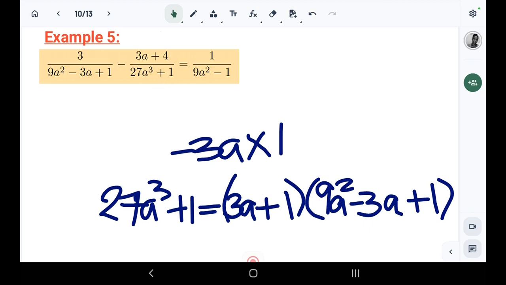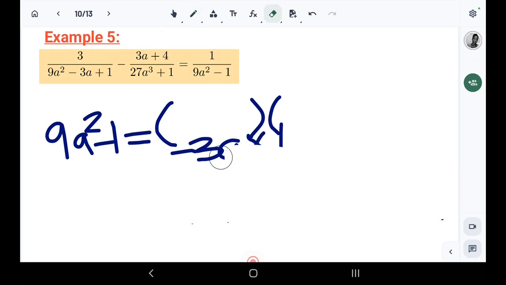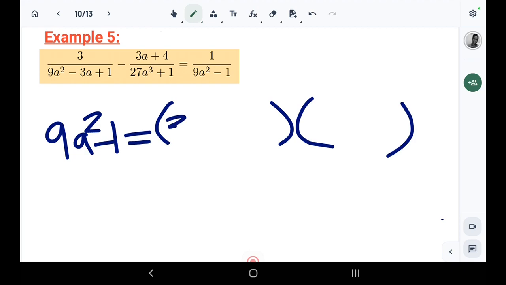So we've got the sum of two cubes factorized, and over here we've got the difference of two squares. 9a squared minus 1 is the difference of two squares. When you factorize this, you take the square root of the first term, which is 3a, and the square root of the second term, which is 1.